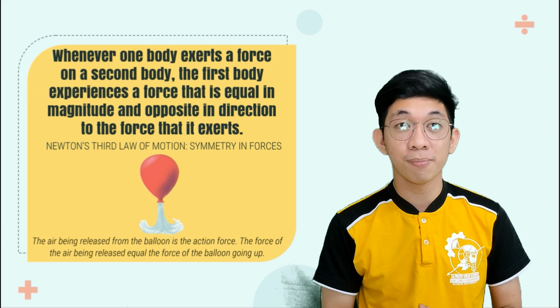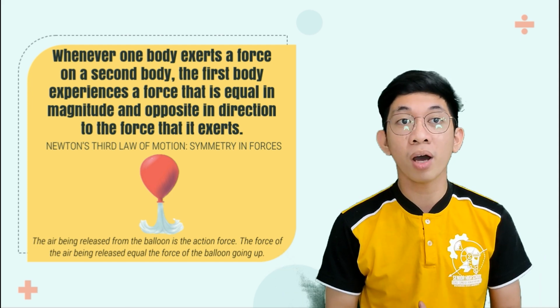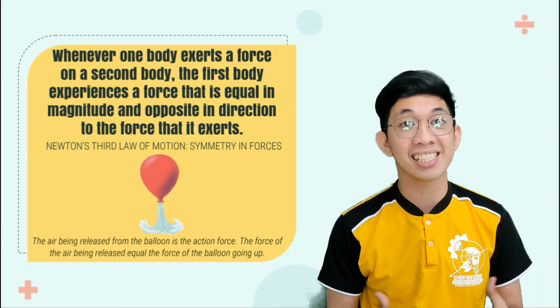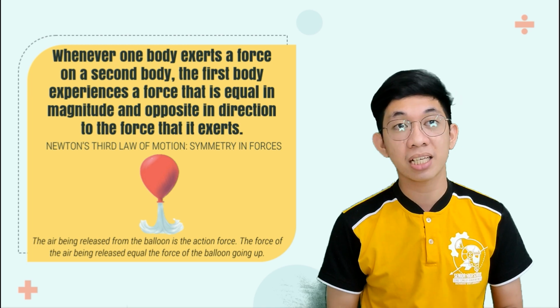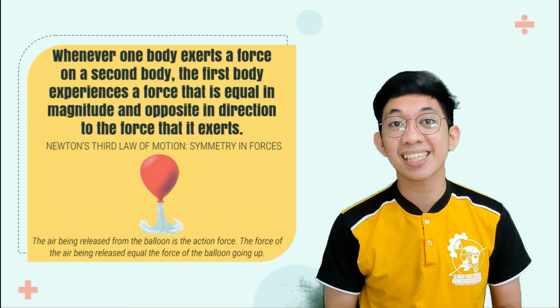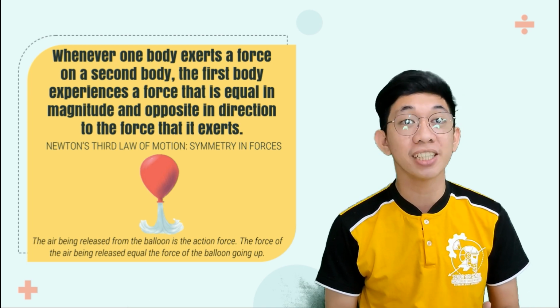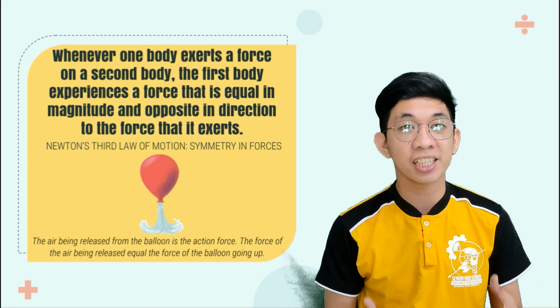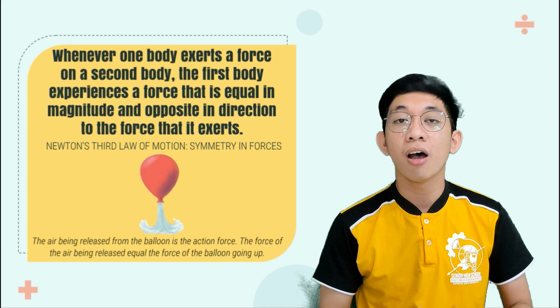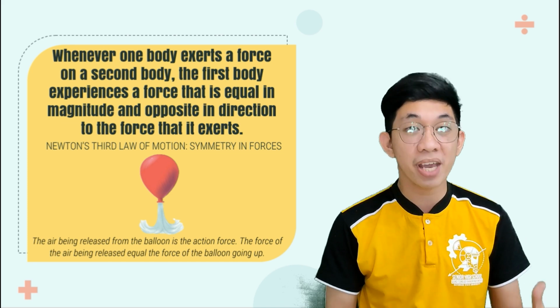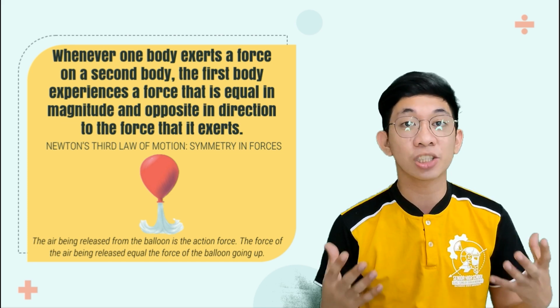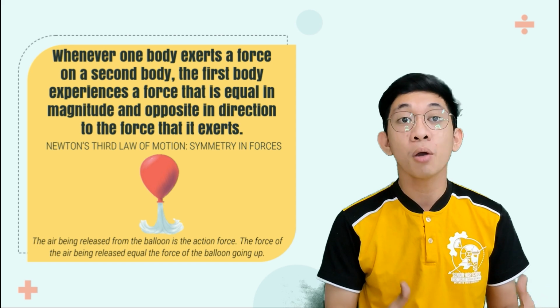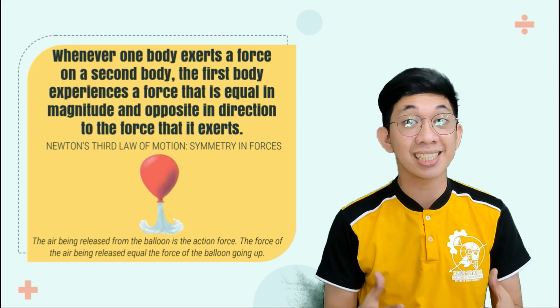Newton's third law of motion states that whenever one body exerts a force on a second body, the first body experiences a force that is equal in magnitude and opposite in direction to the force that it exerts. This law represents a certain symmetry in nature. Forces always occur in pairs, and one body cannot exert a force on another without experiencing a force itself.